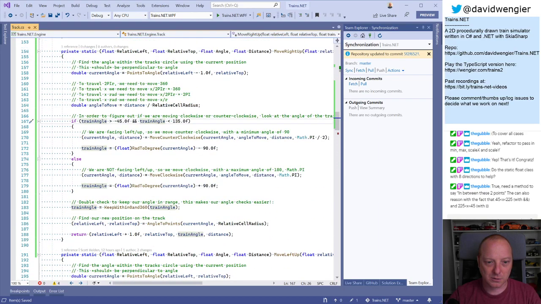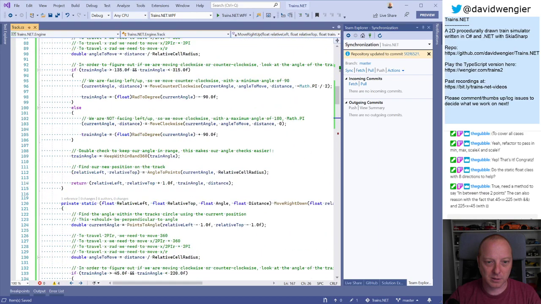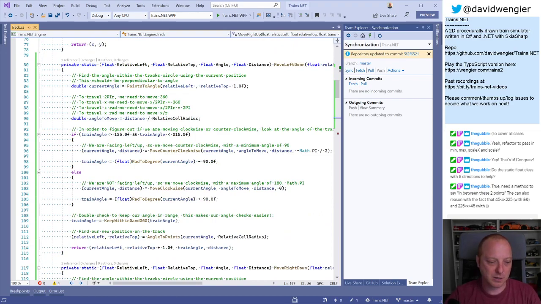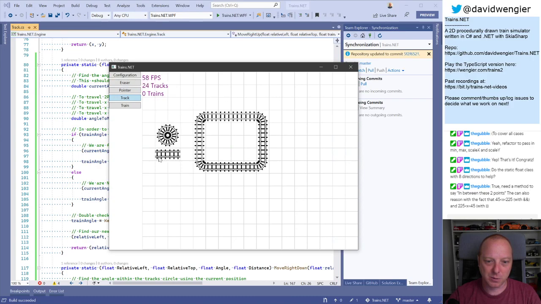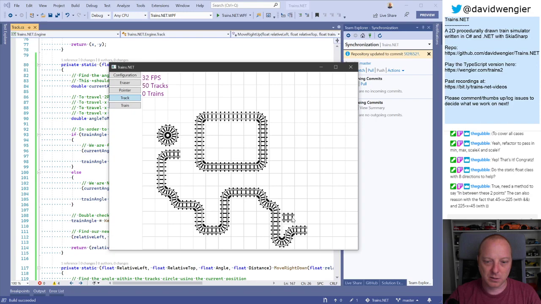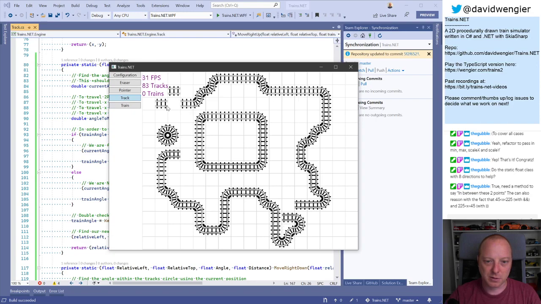Alright, is that all? 1, 2, 3, 4. Okay, let's try my funky track again with some interesting transitions without any equal sign. So that we know worked. I don't know exactly how I did the funky transitions, but I'll just try and draw some new tracks.